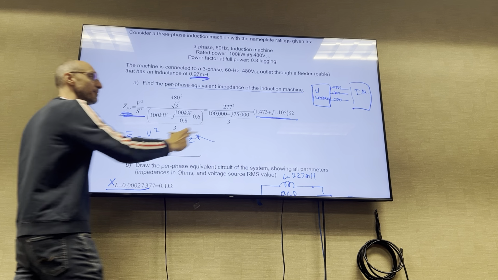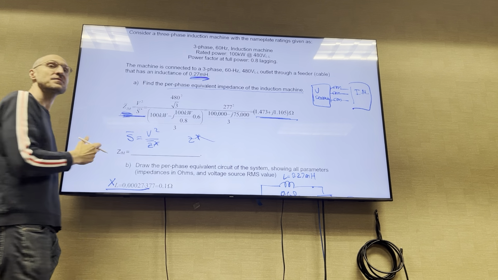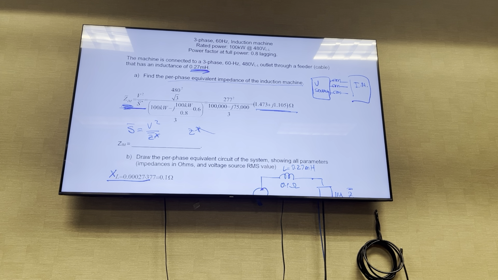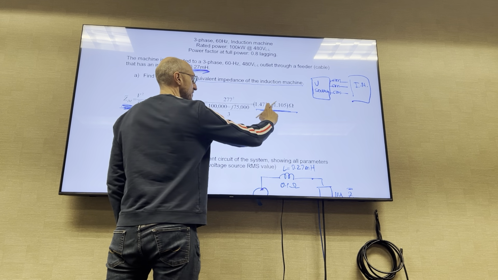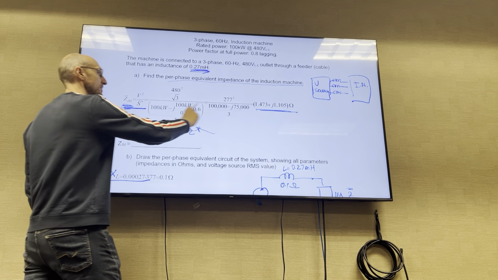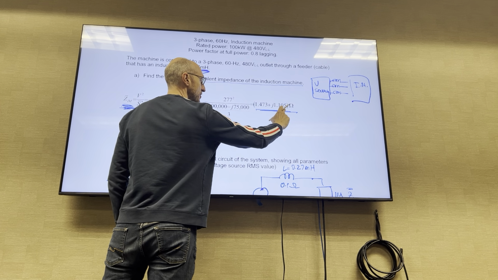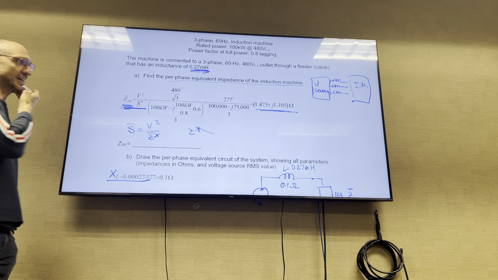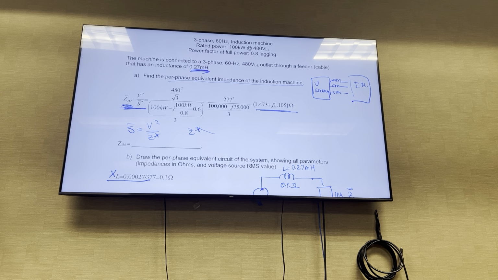So if you end up with a minus here, you know you're off. So it's always good to do a sanity check with your result, right? So lagging power factor, the reactive component or the imaginary component of the impedance will be positive, and the current will be lagging the voltage, right?